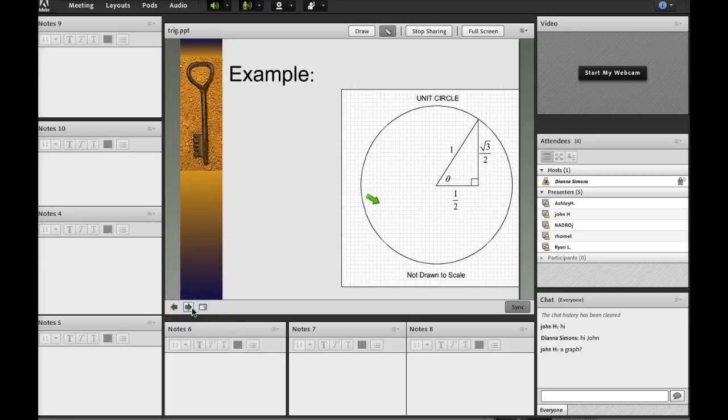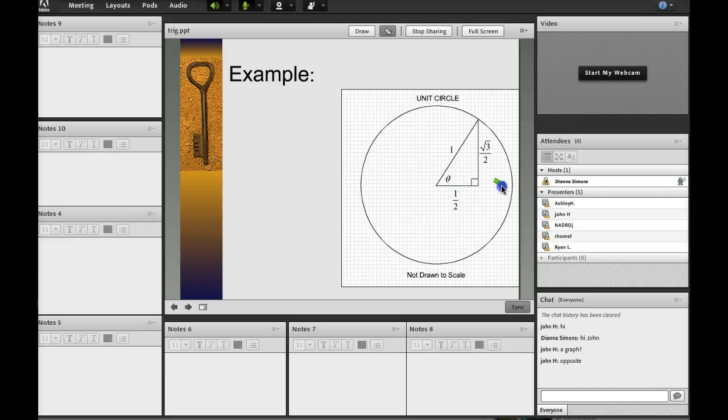Okay, now the example. This ray right here would be our what? What's this called? Actually, if we were talking about opposites and adjacents, it would be the adjacent side.